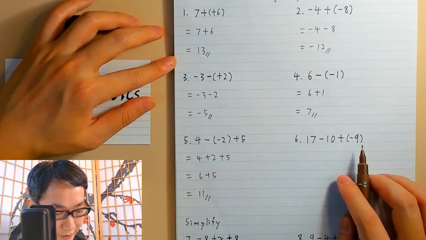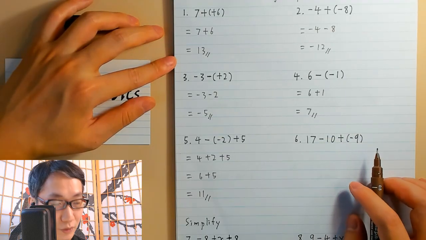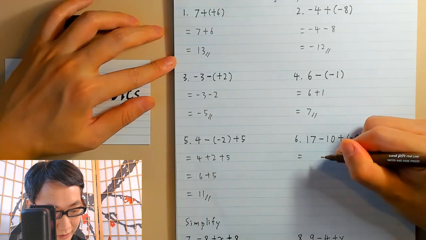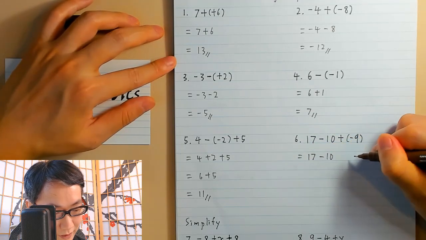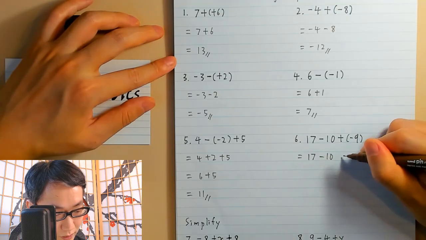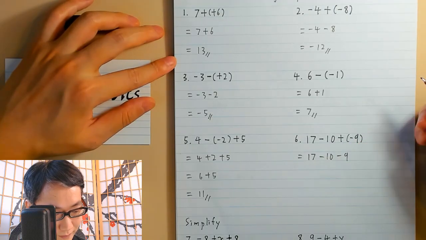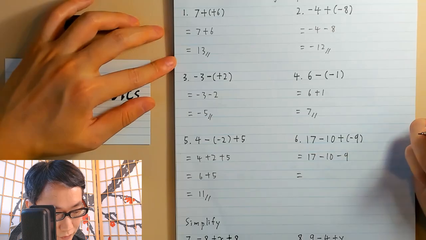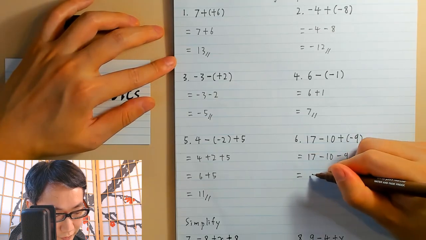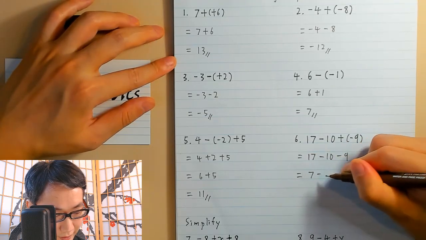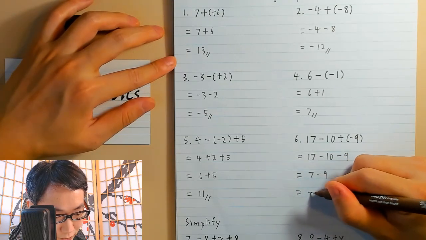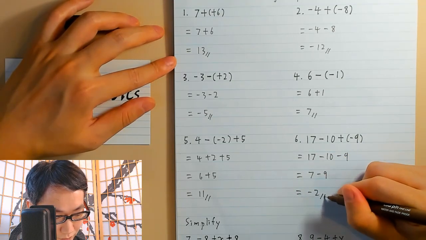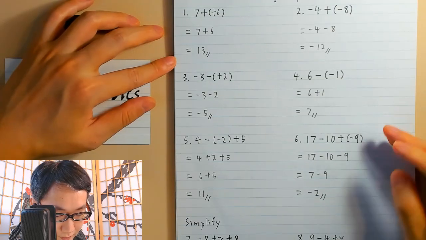Then we have 3 terms again, so simplify first and then evaluate. So we have positive 17, negative 10, do nothing, so negative 9. And then for the first 2 terms, we have positive 7, and then negative 9, and then we have negative 2. Okay.